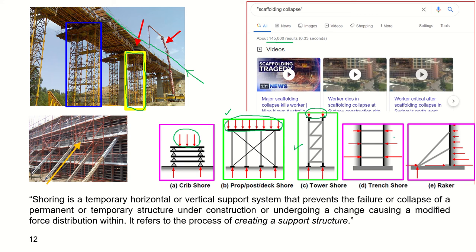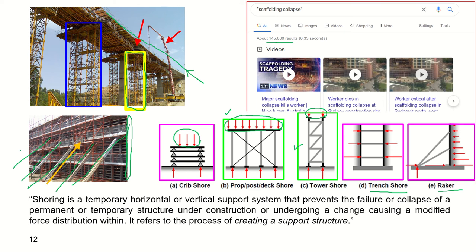But if you want to protect a specific structure or specific area against lateral loads, then you need to use the trench shore or raker. Here you can see a formwork that is supported by raker shoring systems as well.